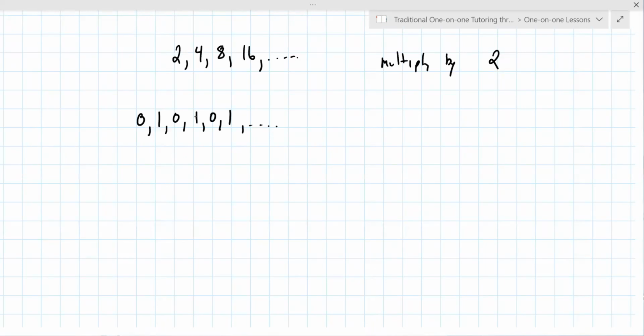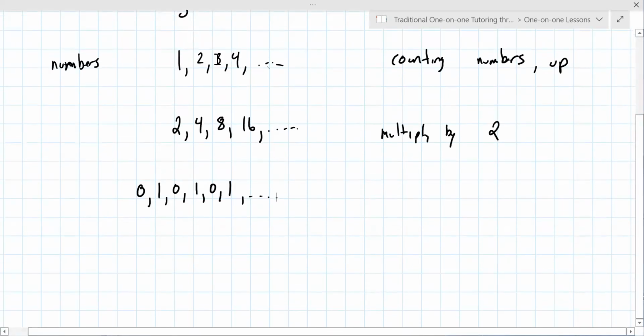It's just 0, 1, 0, 1. It's like the same, different, pattern. We're counting. Not counting though, because counting is going up. Counting means you're going up in numbers. You're subtracting. But if you're subtracting, then you'd be going down.